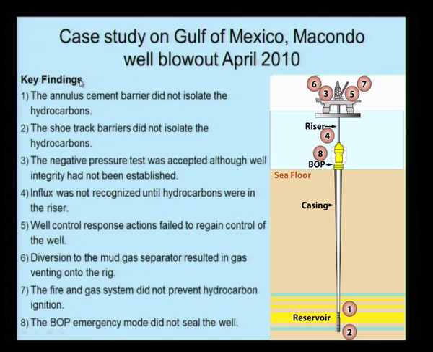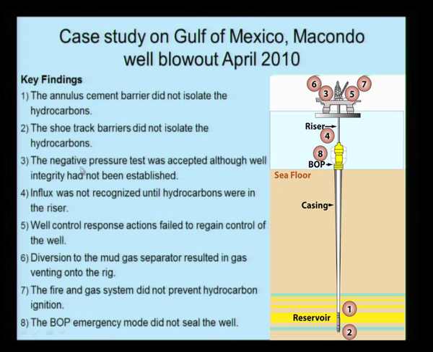The key findings from the literature analysis are the following. The annular cement barrier did not isolate the hydrocarbon flowing into the casing, though it should have. The second important reason for this blowout is that the shoe track barriers did not isolate the hydrocarbon entry.